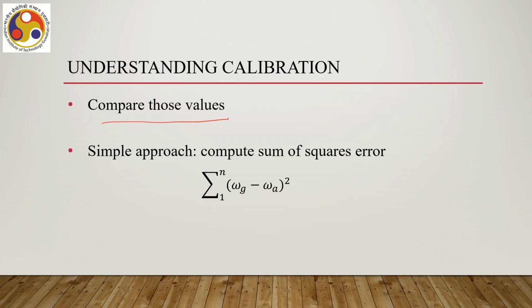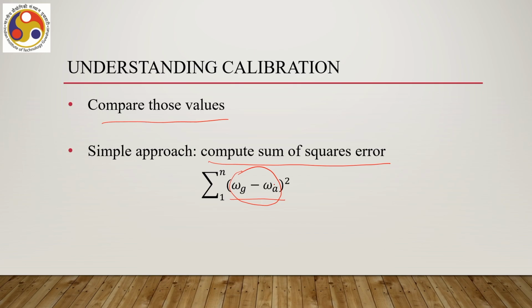And then we can compare these values. One very simple way to compare is to compute the sum of square errors. So, this is the expression, this is the difference.